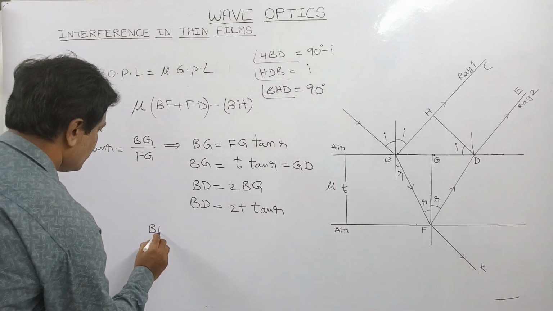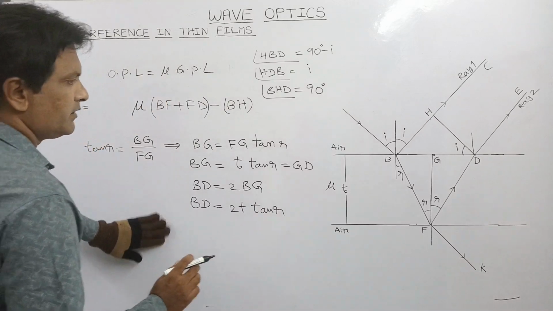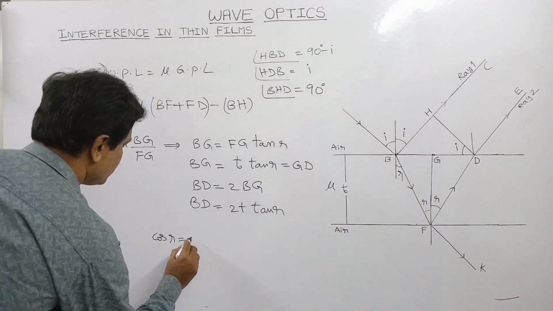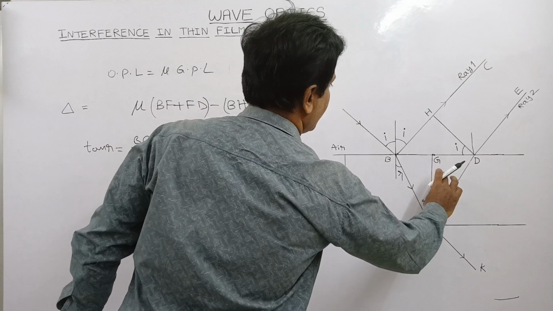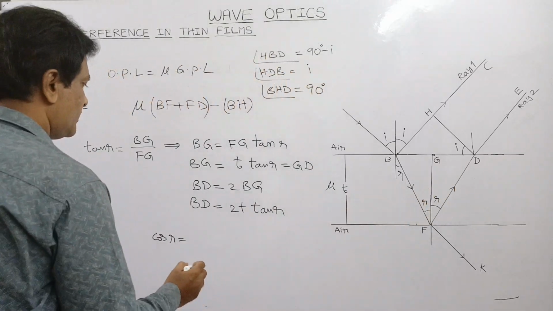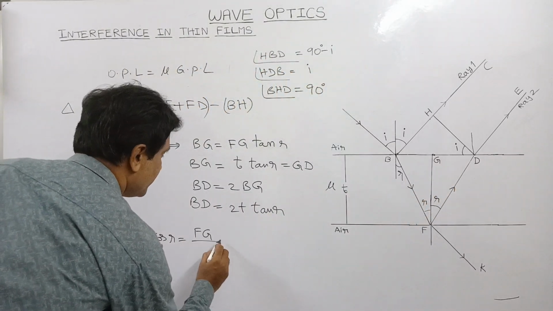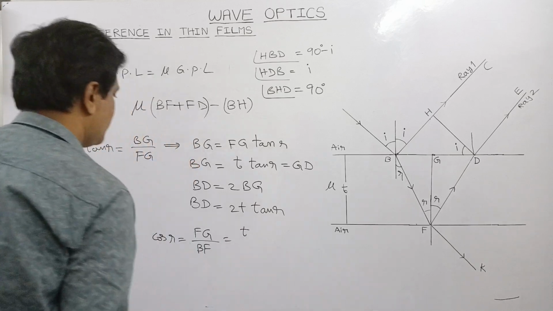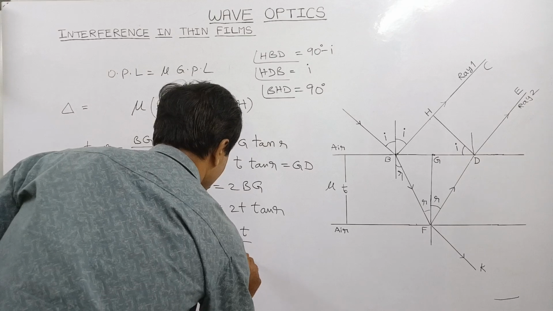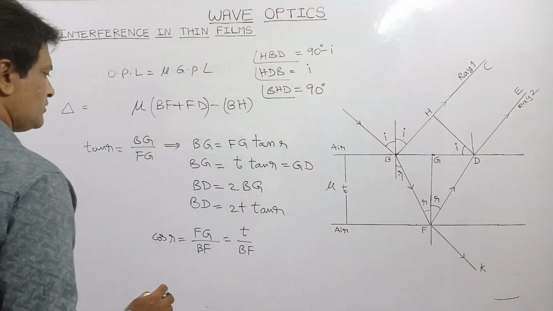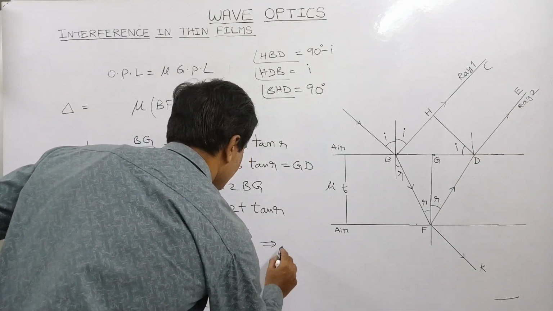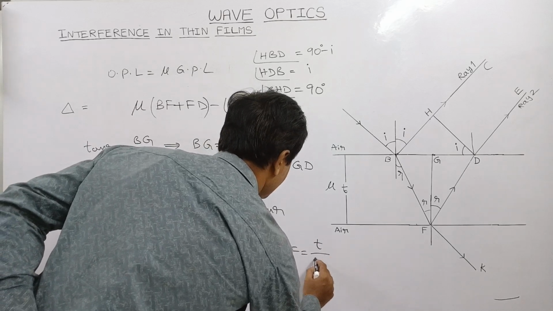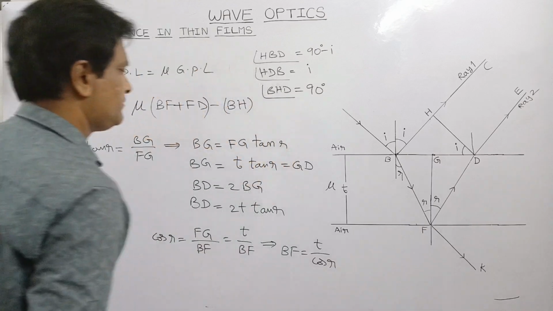We can say that cos r is equal to adjacent side by hypotenuse. What is the adjacent side? FG by BF, that means t by BF. So we can write BF is equal to t by cos r.